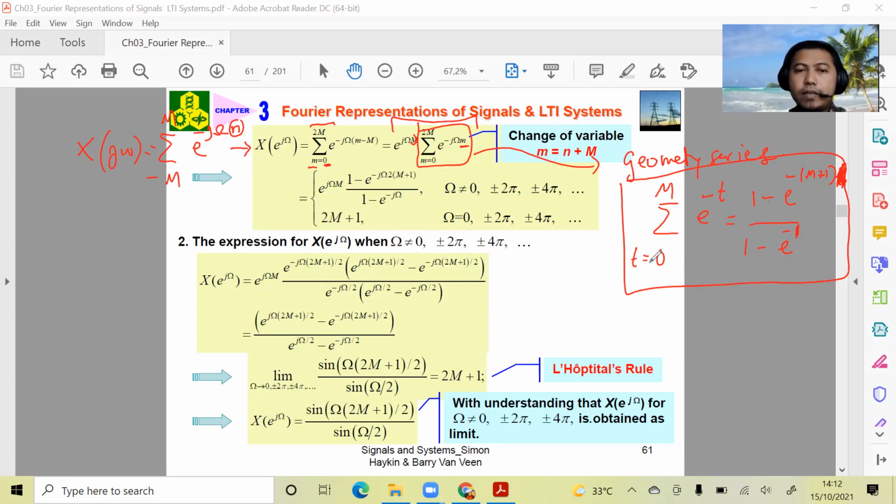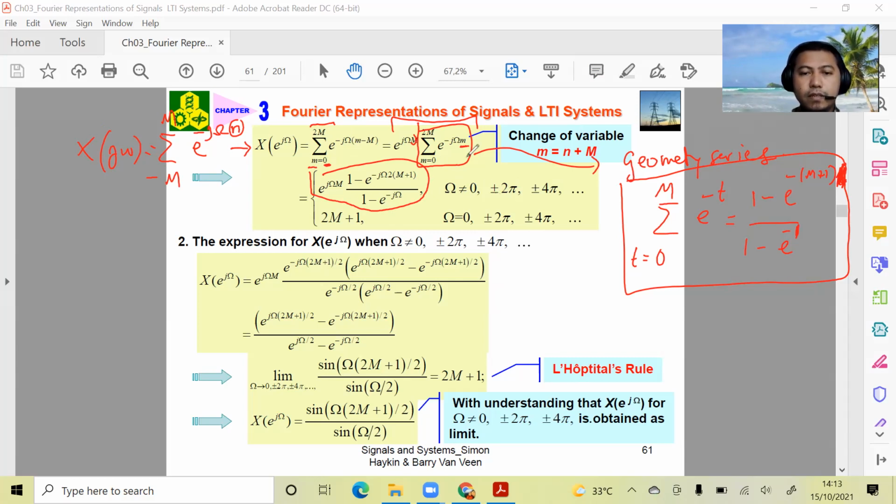If you are interested, you can take a look here. The value becomes like this for omega not equal to 0, 2 pi, or 4 pi, since it is periodic.